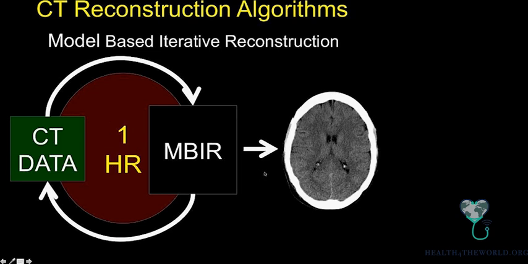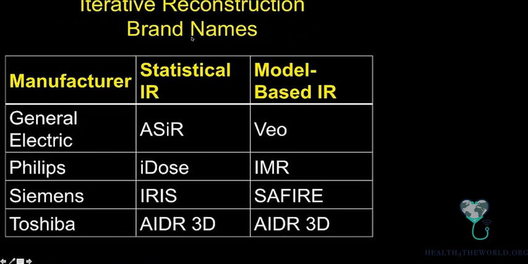So this is not going to be a great solution for a trauma emergency patient, but it's a great solution for an outpatient or someone whose data you're willing to wait for. Model-based iterative reconstruction and statistical iterative reconstruction are different manufacturer names out there, depending on what you're talking about. So different companies do offer this, and they all have, of course, their own special name for it.